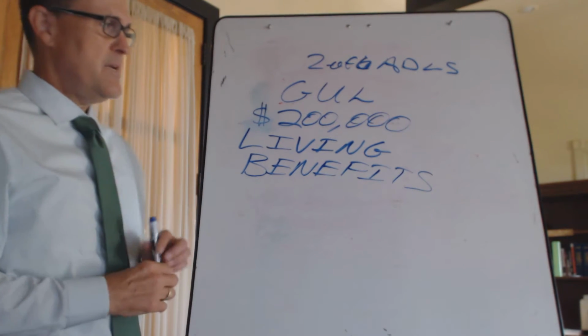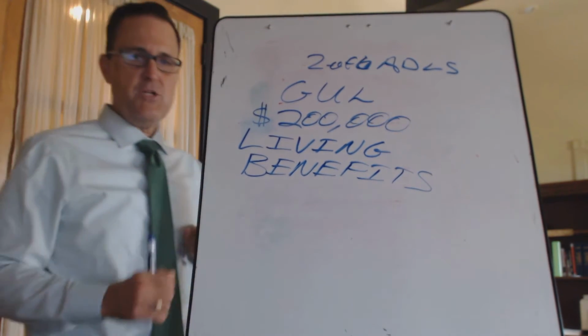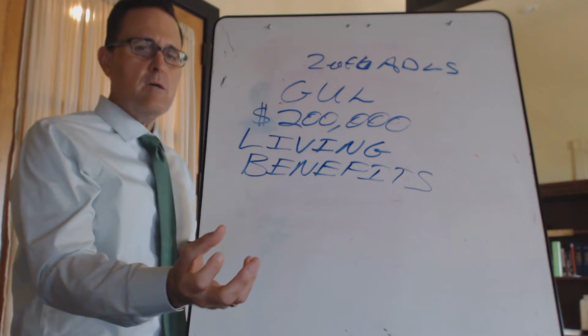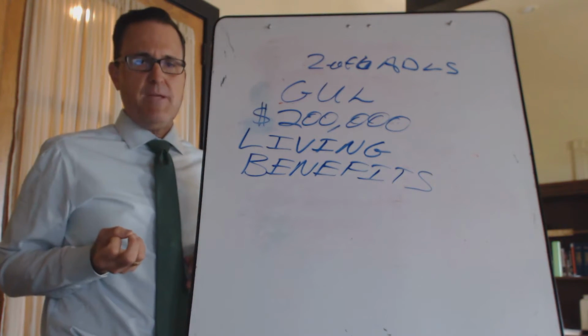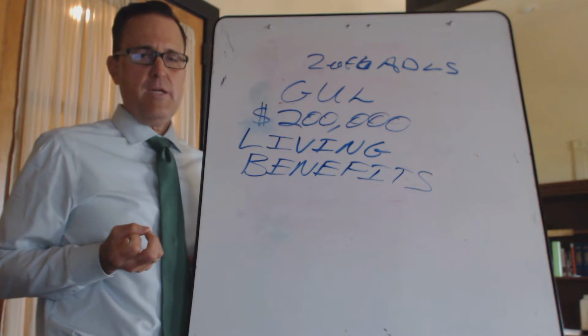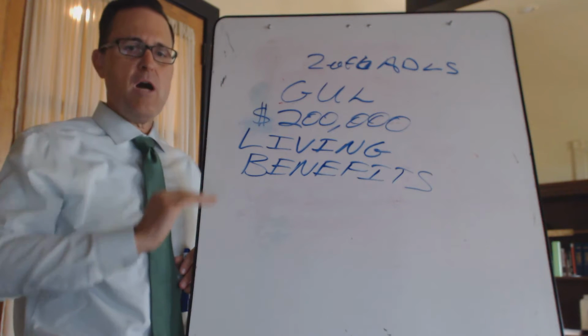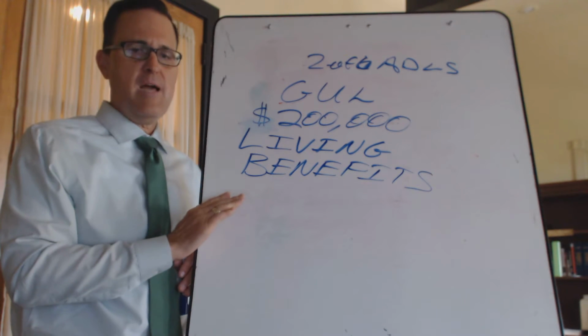Now, it is a percentage of the death benefit. So you will be able to actually take cash out of the death benefit, tax-free, for the long-term care costs. Now, this is a dollar-for-dollar reduction on the life insurance.